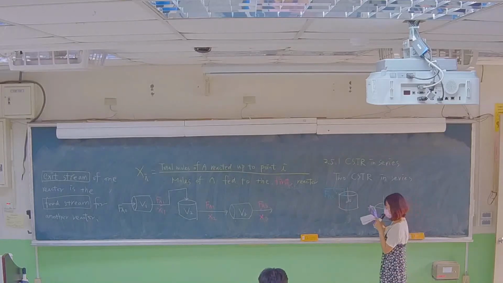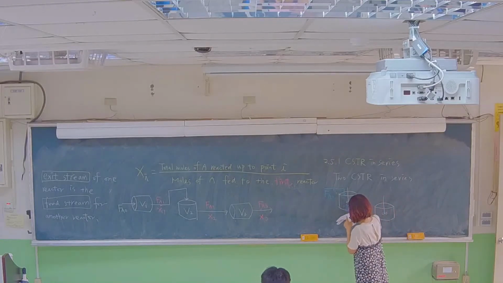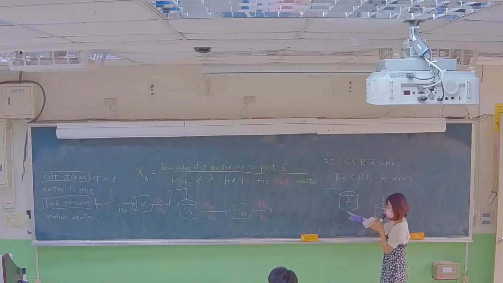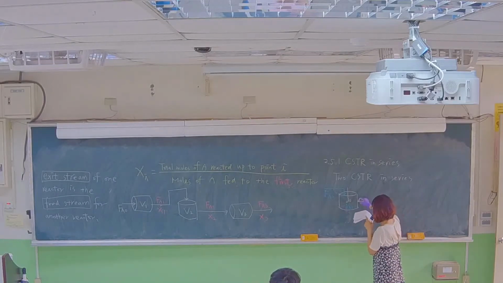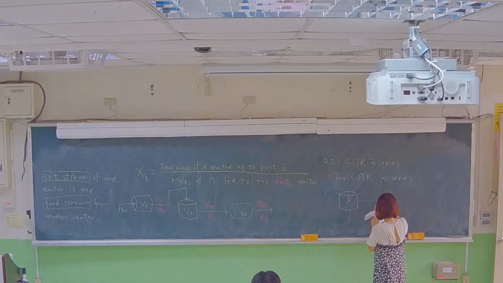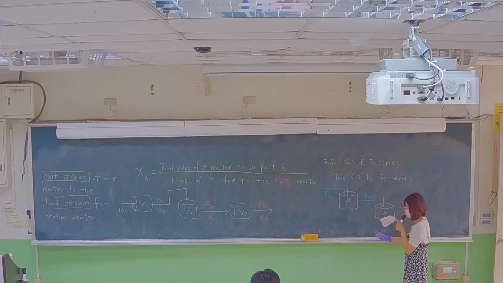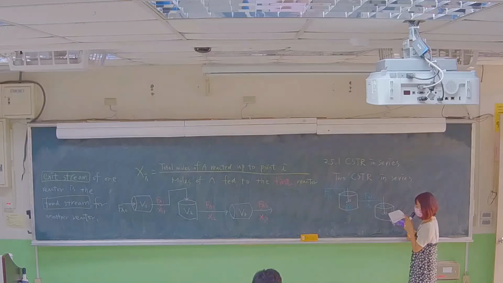Molar flow rate. The reaction rate in the first reactor is minus RA1. Okay, RA1. After reaction, at this point, you get FA1 and X1. Okay, so go to the second reactor.